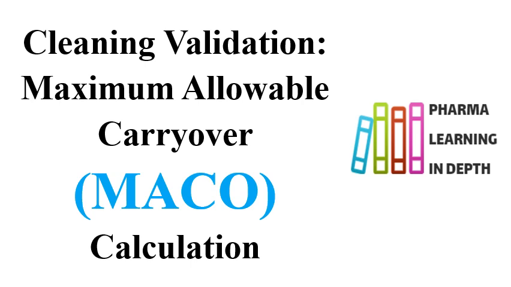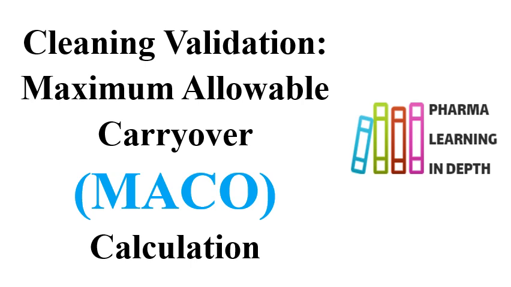Welcome to the video, and in this video we are going to learn regarding the MACO calculation in the cleaning validation. Please know that in the pharmaceutical industries, many of the products are manufactured. The facilities are used to manufacture many formulations, many drug substances.